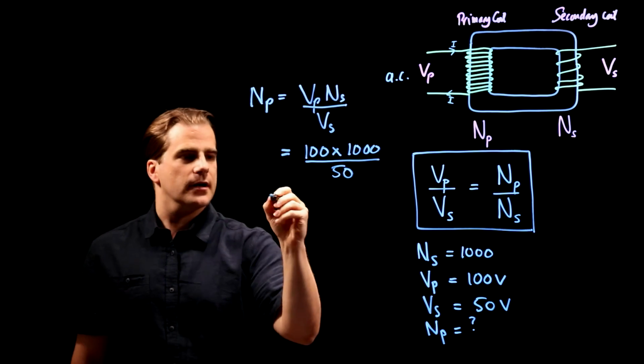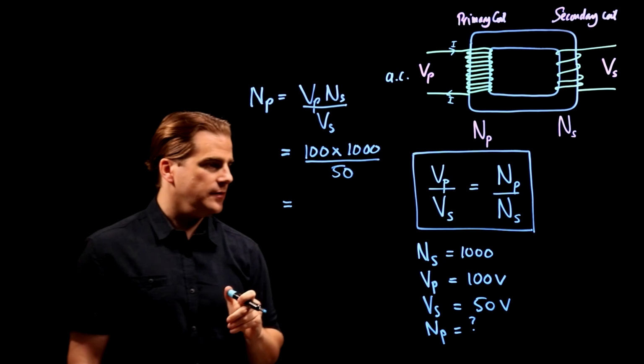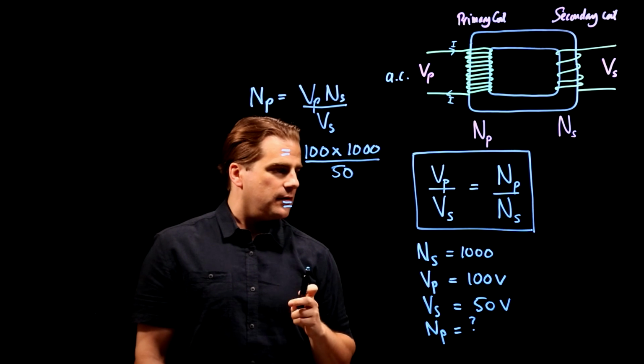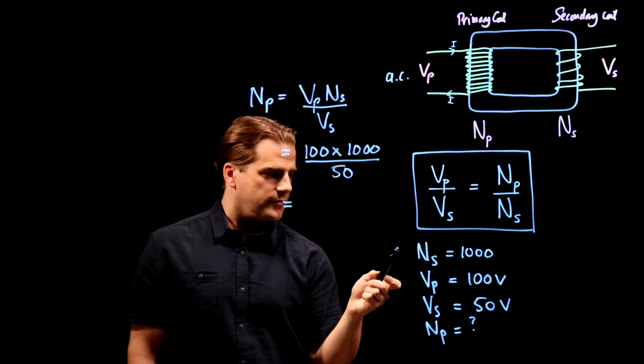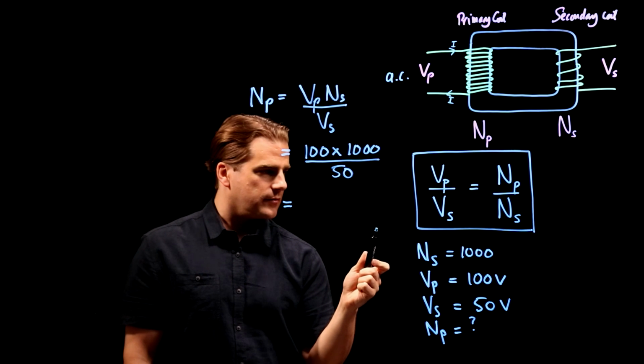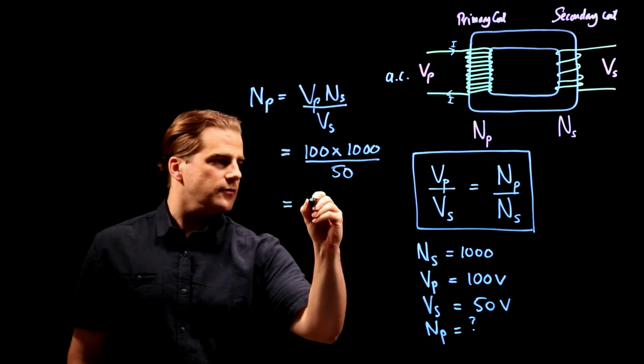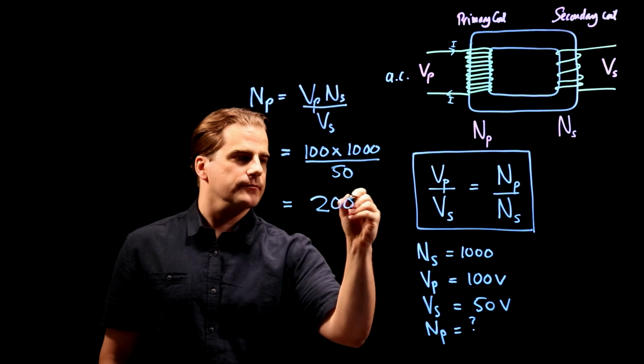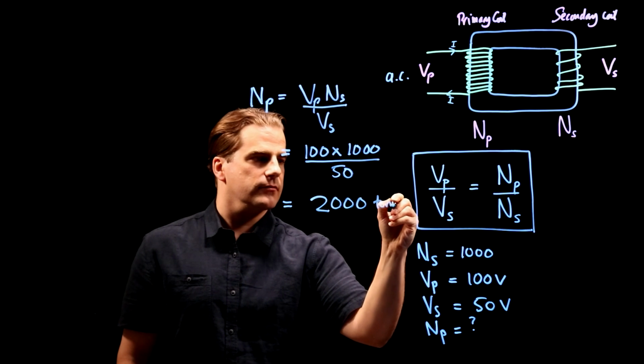Okay, and that turns out to be: primary must be 2,000 turns.